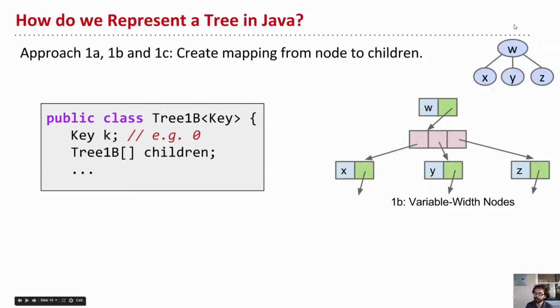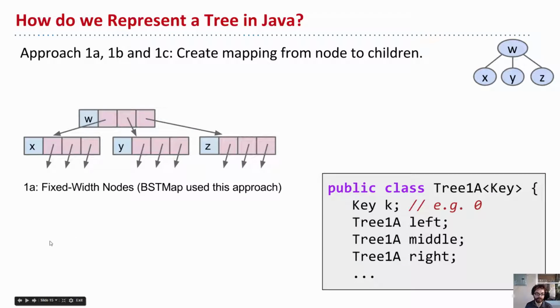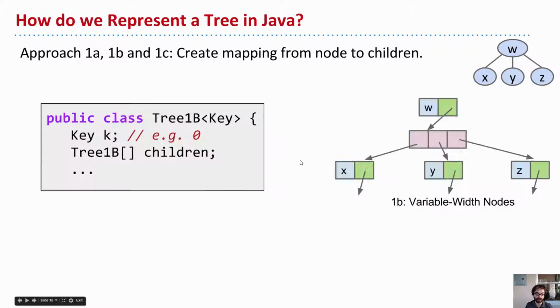And so, for example, if we have here the tree W, X, Y, Z, which before we represented in this very obvious way, where W has a left pointer to this node, a middle pointer to this node, and a right pointer to this node, now each of these tree nodes consists of a key and a link to an array.